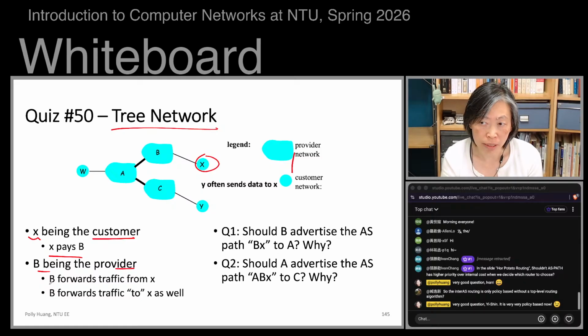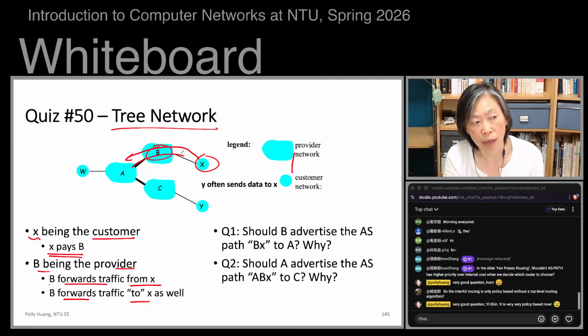B's responsibility, by receiving payments from X, promises this: forward traffic in both directions, from X or to X. So B here will need to forward traffic from within X to outside, as well as forwarding traffic from outside back to X. So you see, the promise is bidirectional. All right, good. So setup is complete.